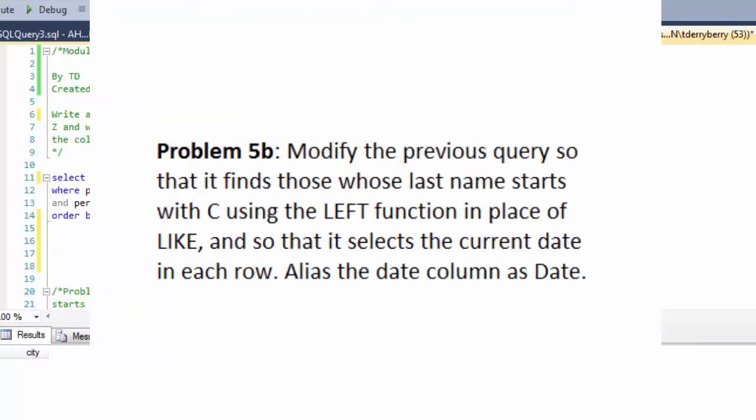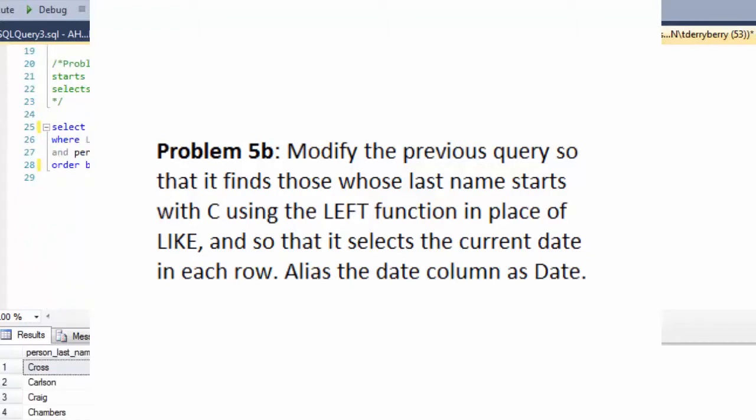Problem 5b. Modify the previous query so that it finds those whose name starts with C using the left function in place of like, and so that it selects the current date in each row, alias a date column as date. So here's the updated query.